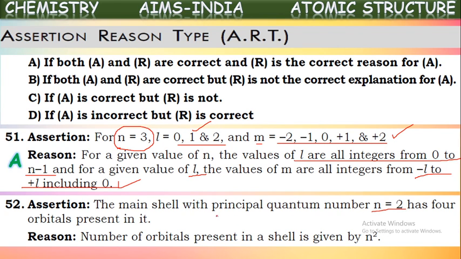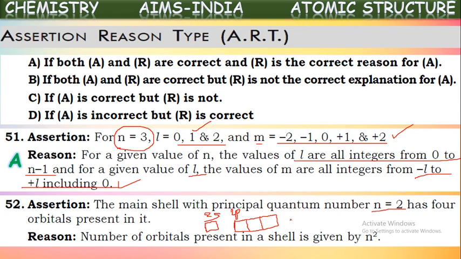The second shell contains two subshells, S and P, 2S and 2P we call them. In the 2S subshell, only one orbital. What about the 2P subshell? The 2P subshell contains three orbitals. What are they called? 2Px, 2Py, 2Pz. Totally three orbitals are there.